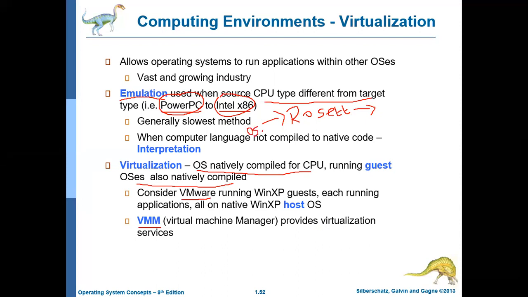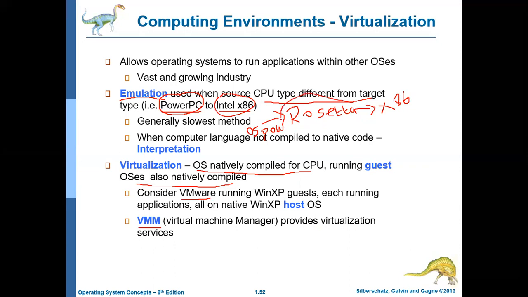The output is the equivalent operating system which is compiled for Intel x86. It takes every instruction and converts it into a format which is executable by Intel x86. Now this Rosetta is called an emulator.